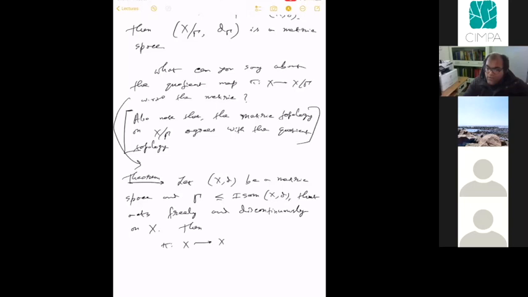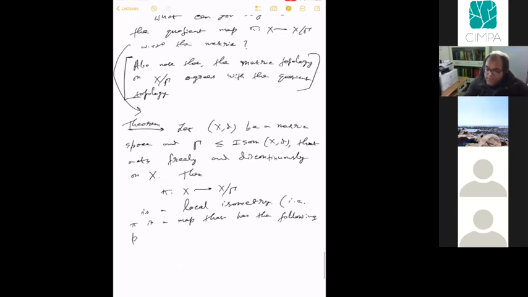the quotient map is a local isometry. Now, what is a local isometry? Pi is a map that has the following property.